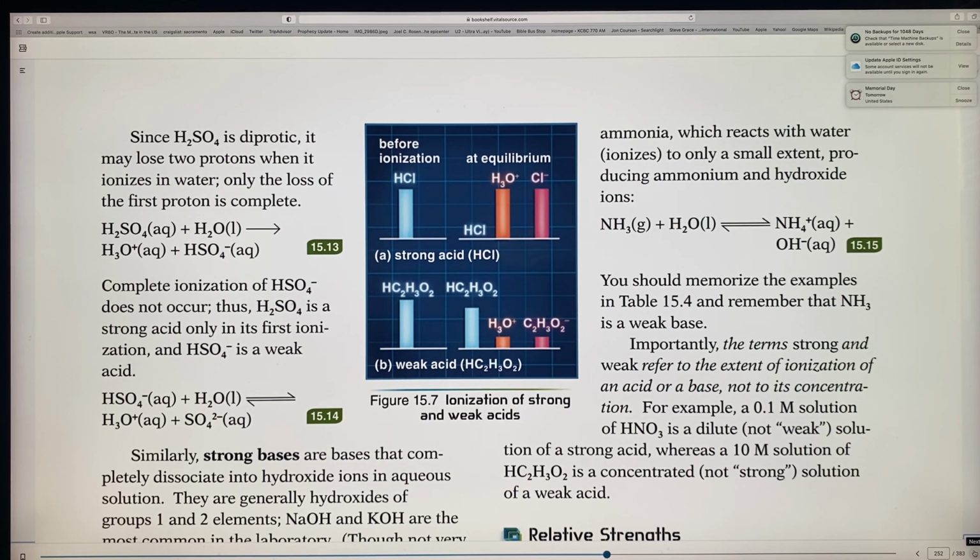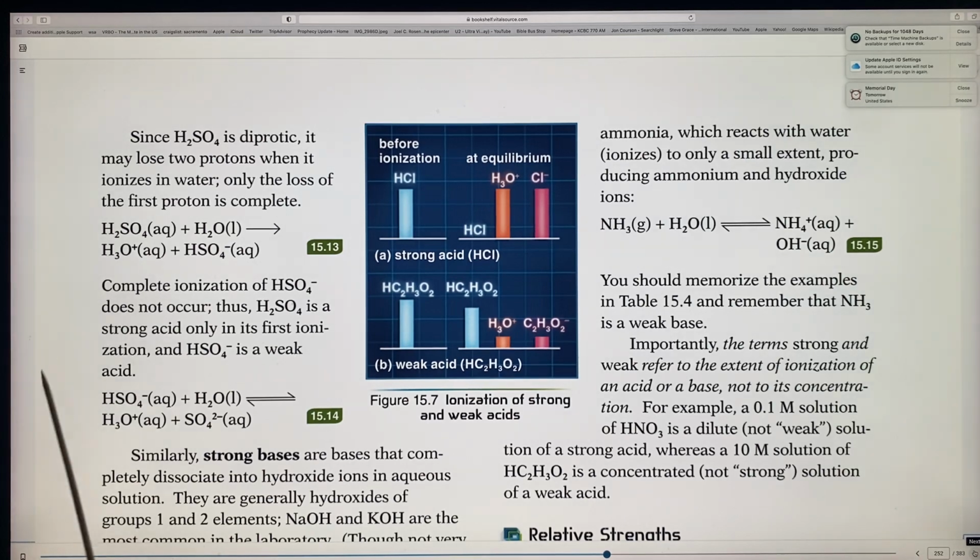So the complete ionization of sulfuric acid does not occur, and it is a strong acid only in its first ionization. Let's look at this equation with sulfuric acid going on with hydrogen, the first going into the second.